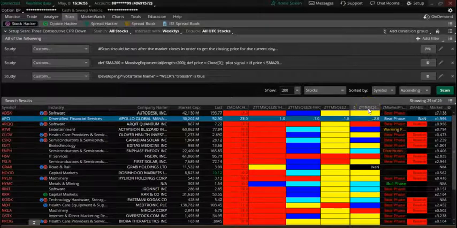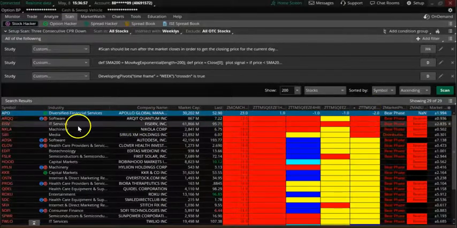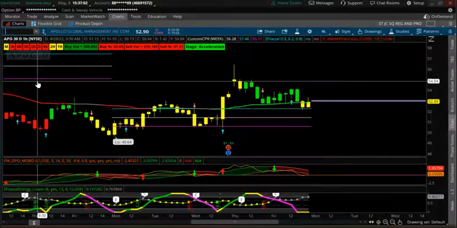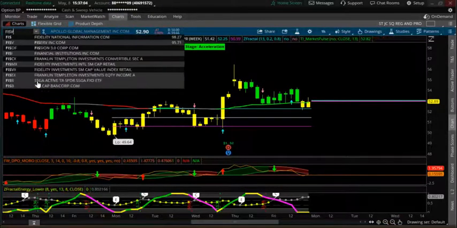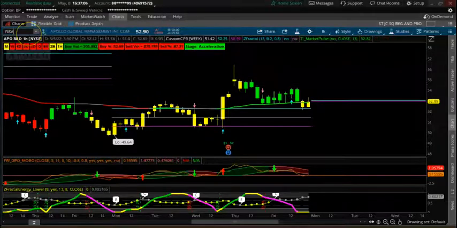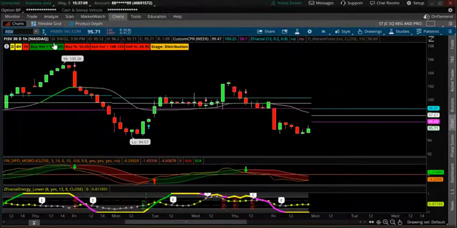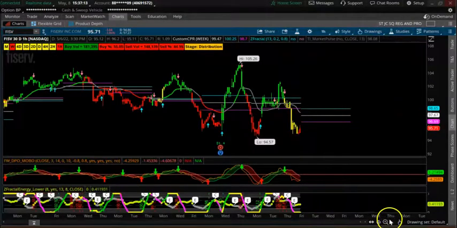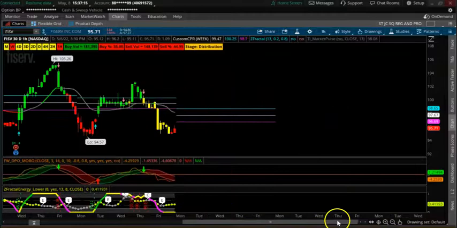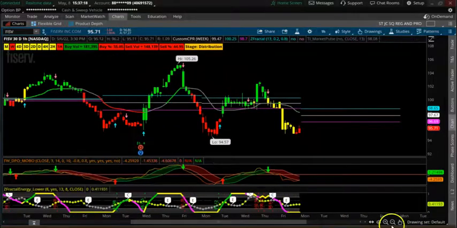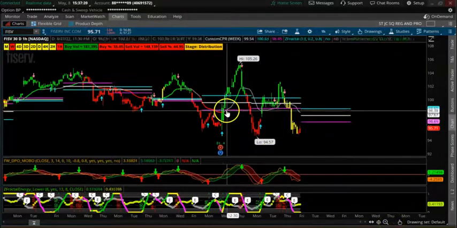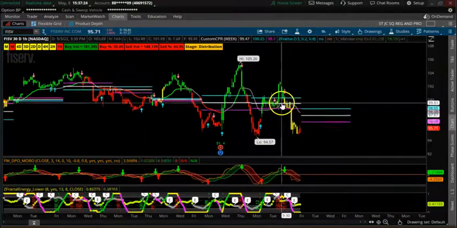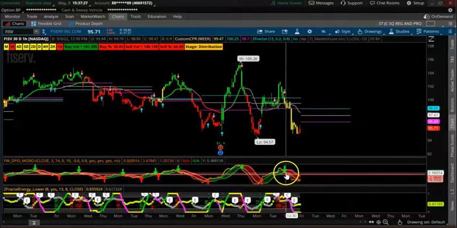Let's do FISV chart. FISV. Here also this setup doesn't look that downtrending, but you can see the signal is downtrending here.